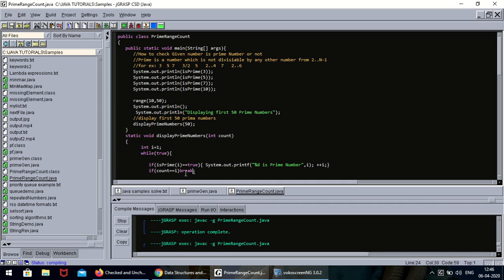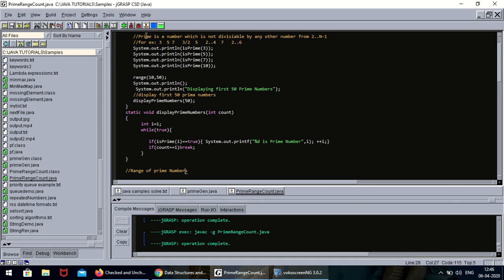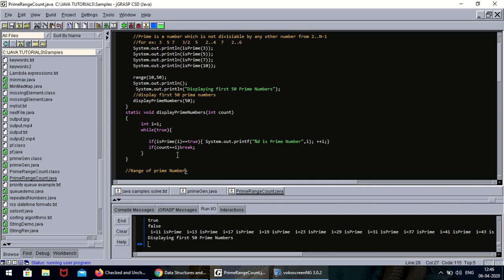Let's compile it. Your problem here is you are passing i, and 1 is not a prime number. We need to pass from 3 onwards, and it works out.